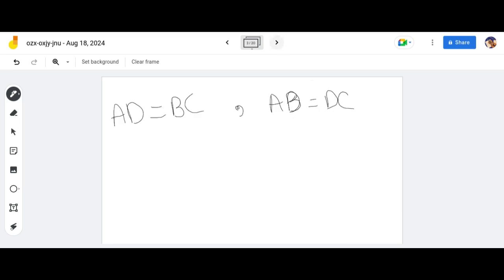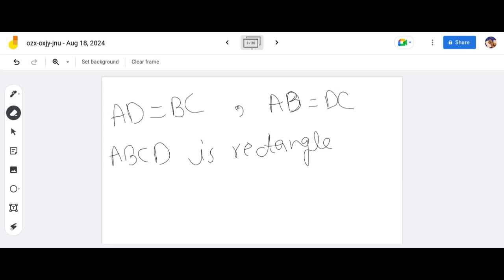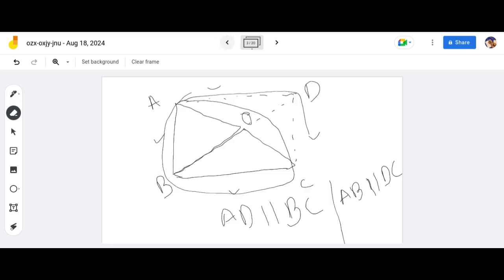After this you have to write ABCD is a rectangle, AD equals BC. Should I start writing from AD equals BC?